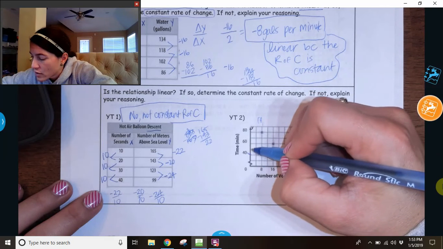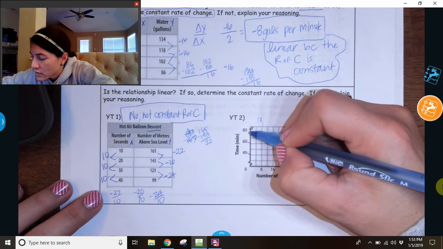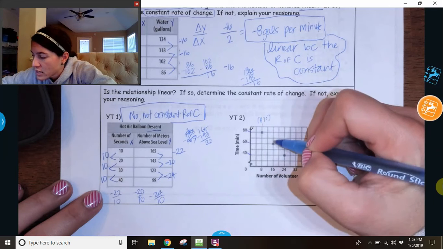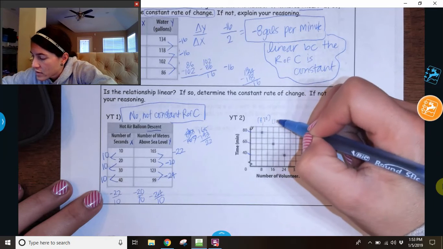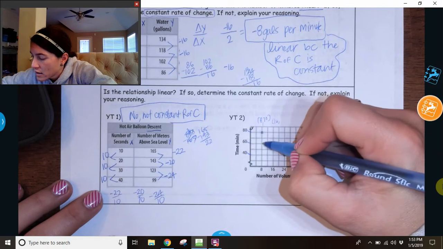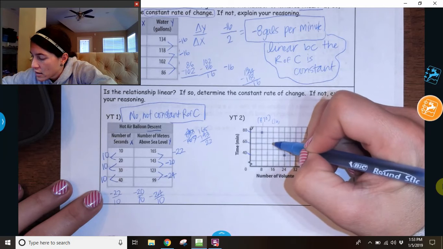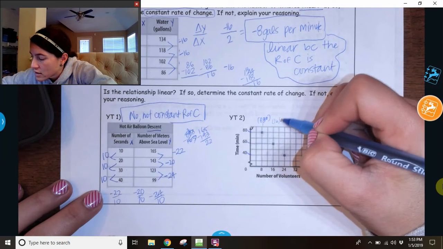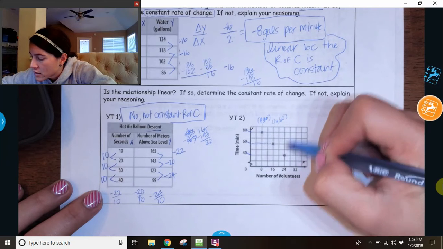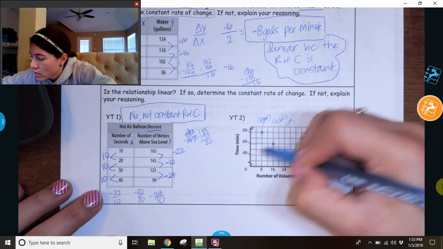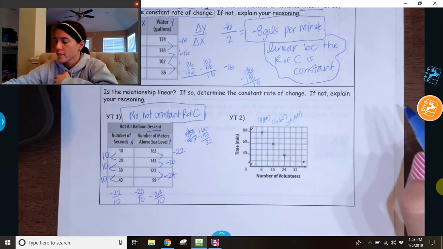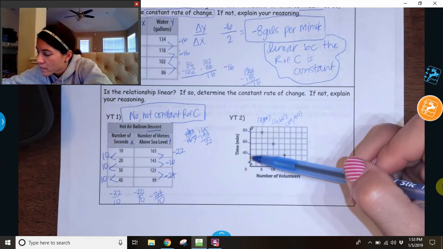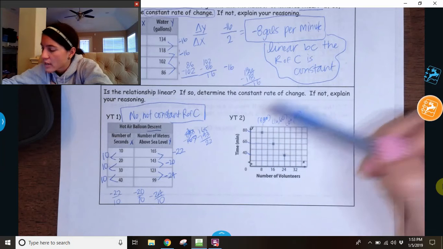I think this is 40, 50, 60, 70, 80. So that's 8, 80. And this is 16, 60. And this is 24, 40.